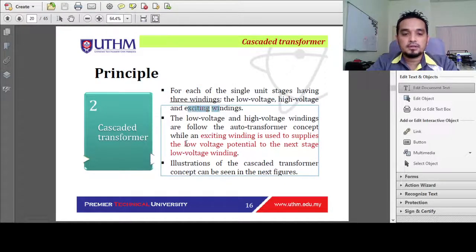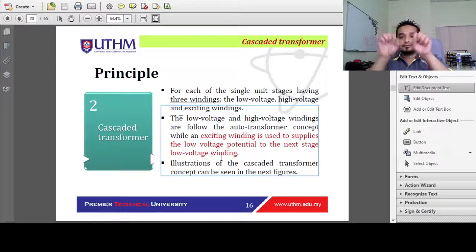For the construction, the low and high voltage windings follow the auto transformer concept, while the exciting winding is used to supply the low voltage potential to the next low voltage winding.